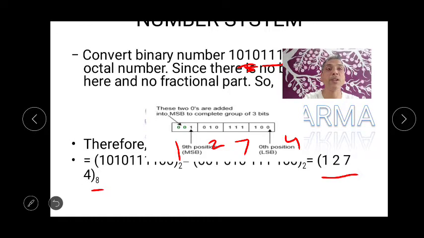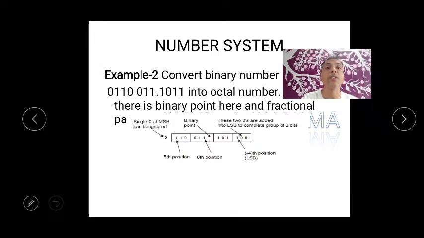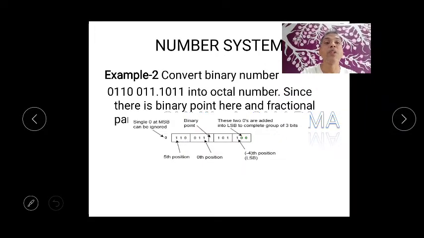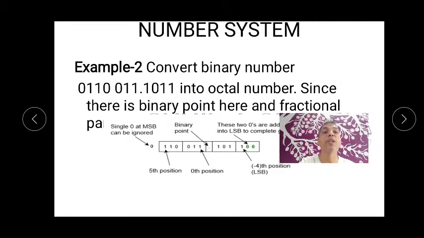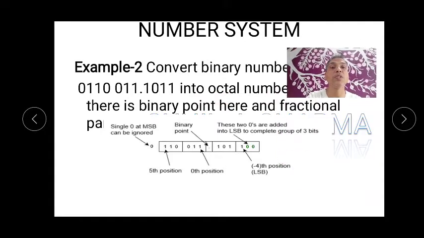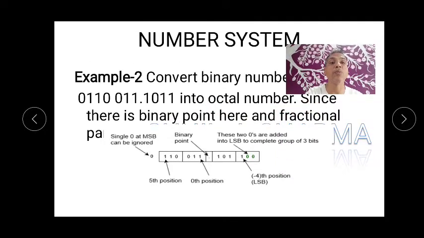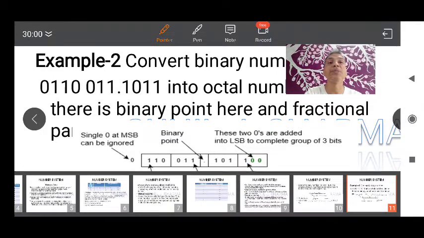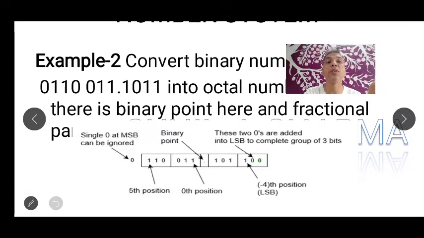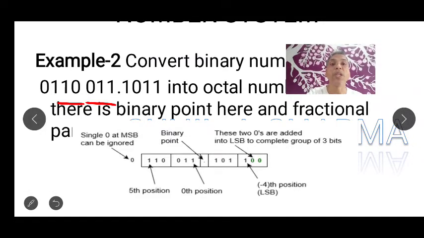Now let's take an example with some fractional part. Suppose you have to convert this number, which is in binary, to octal. Since there are binary points in the fractional part, before the decimal point you can see already this 3, this 3, and the 0 we can ignore, because if we pad it also, that will be 3 zeros only.